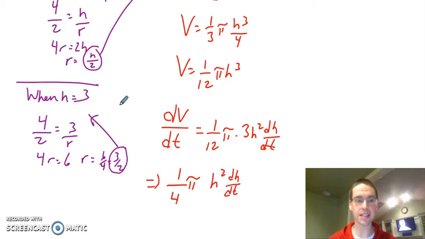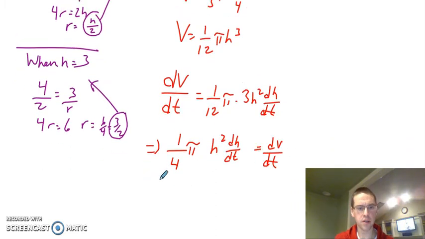And now I can solve when h equals 3. Plug in. So 1/4 pi times 3 squared dh over dt, that's when h equals 3, that's why we have to plug that in. dV over dt, you look at the front of the paper, is 2.